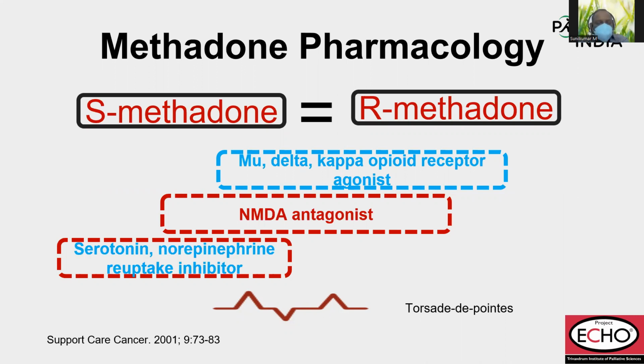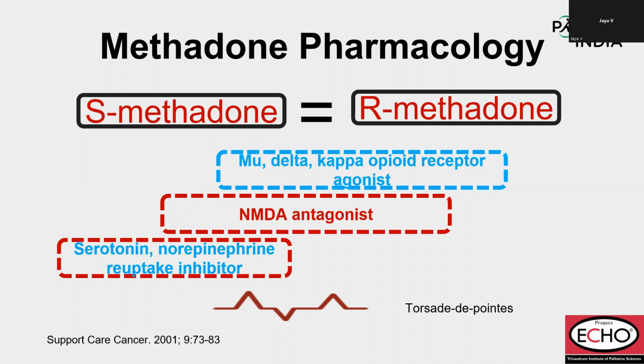Then it inhibits the reuptake of noradrenaline and serotonin. So what other group of medication has this property? Antipsychotics? Can you specify which group of medication? Inhibits the reuptake of noradrenaline and serotonin. Anybody else? Antidepressant?